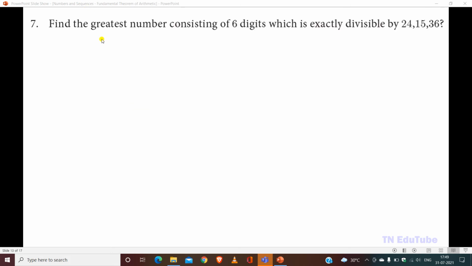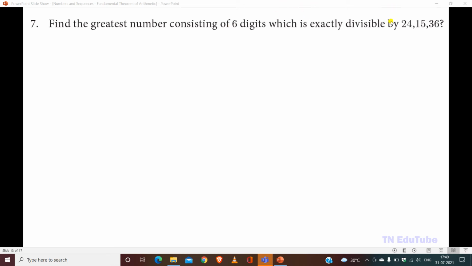Then find the greatest number consisting of 6 digits which is exactly divisible by 24, 15 and 36. Greatest number consisting of 6 digits, that we know, you have to put 6 nines. That is the greatest number, isn't it?